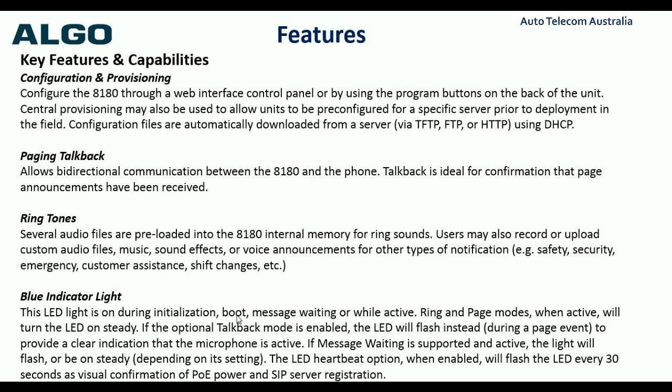As long as the unit is ringing, it'll play this message. The 8301 does it much better, but at a pinch, you can get a similar solution with the 8180. And the blue light indicator we have also talked about, which can be used for message waiting, or whether it's registered or whatever, programmable.